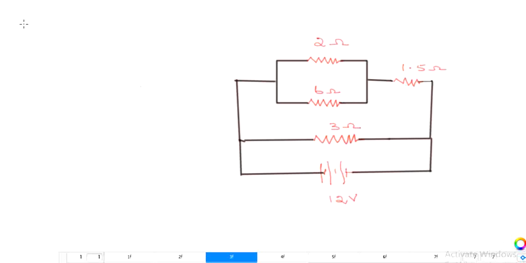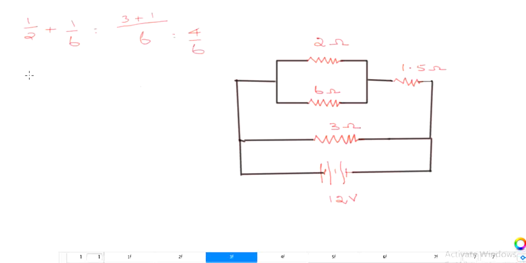We find 1 by 2 plus 1 by 6, because both are in parallel, which is equal to 3 plus 1 by 6, which is equal to 4 by 6.